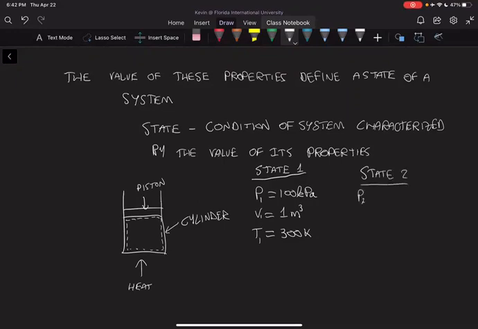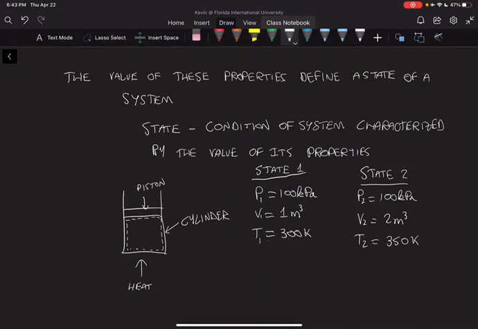So pressure 2 would, for example, still be equal to 100 kilopascals. But now, volume 2 is equal to 2 meters cubed, because we know when we heat something, it usually expands. And temperature 2 might go up because of the expansion, because of the increase in temperature from the heat put into the system. So this is the definition of state 1 and state 2.